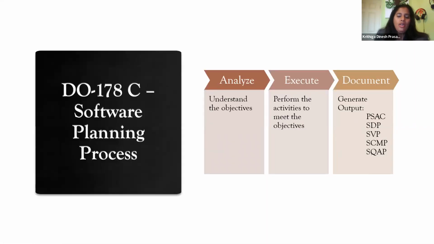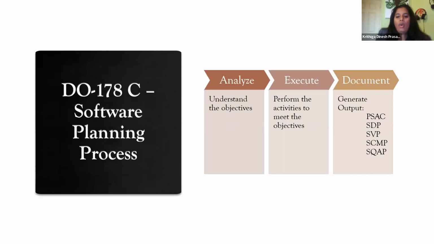So the DO-178C planning process. First and foremost, and of course this is not a DO-178C training session, is to understand and analyze the objectives of the planning process. For example, we need to know what the development processes are and what the integral processes are, which we spoke about.